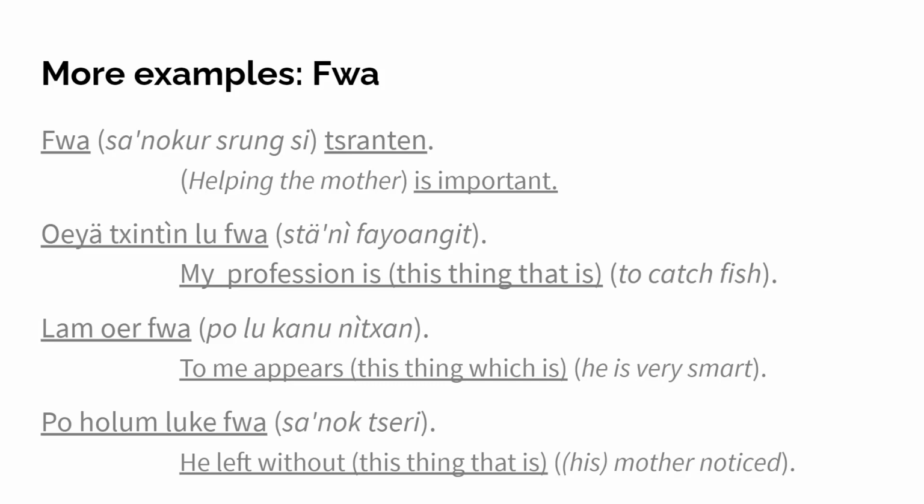Lu can have two caseless nouns, and one of them here is replaced by foi. Same for lam wer foi and poholum luke foi satnok Tsyili, because luke is net position. Net position is followed by a noun, or it goes behind the noun. And this noun that belongs to an position also gets no case ending, so we can just replace it by foi, which also has no case ending because it comes from feu a, and then put our subclause there.